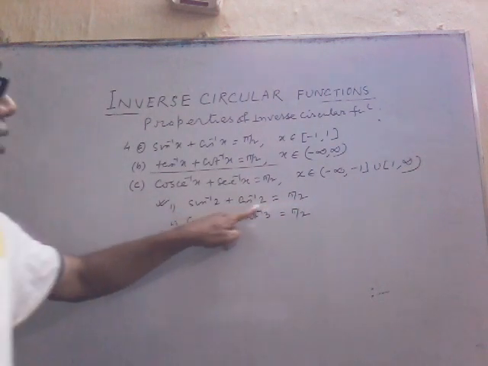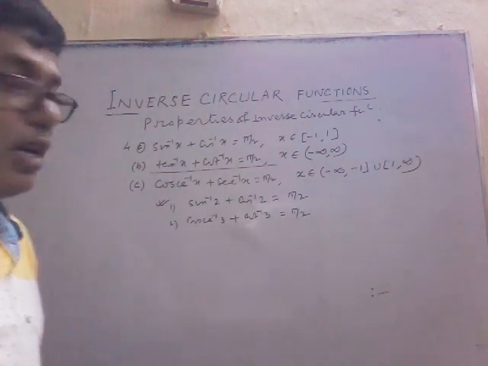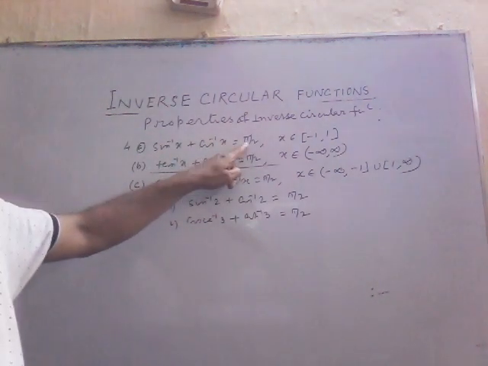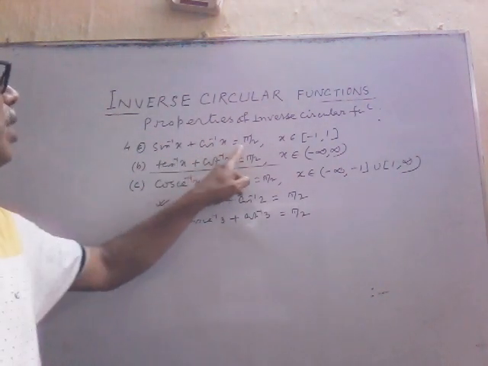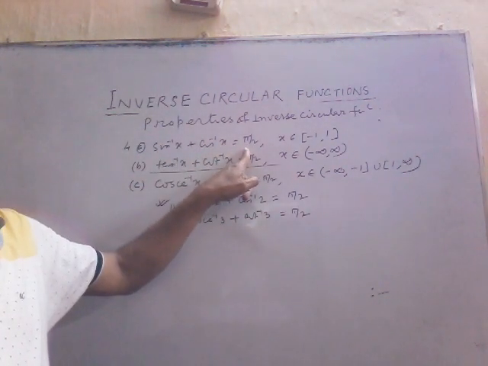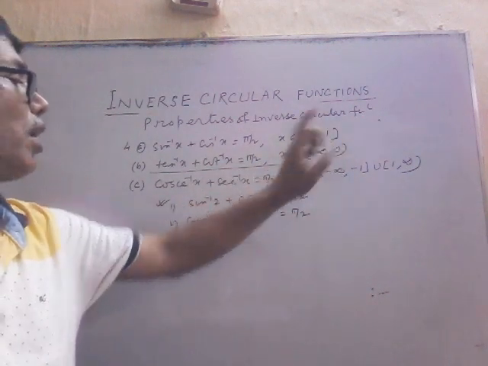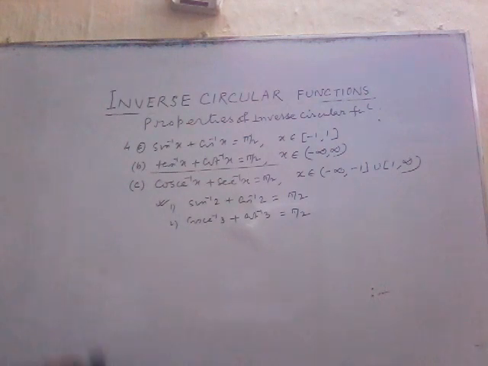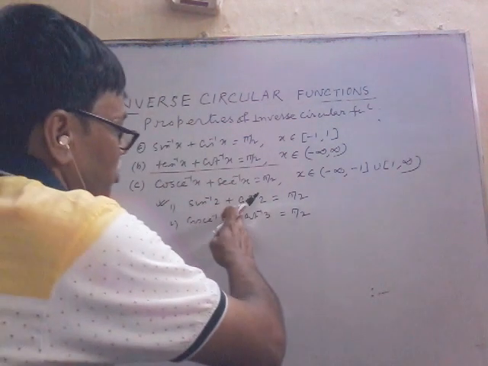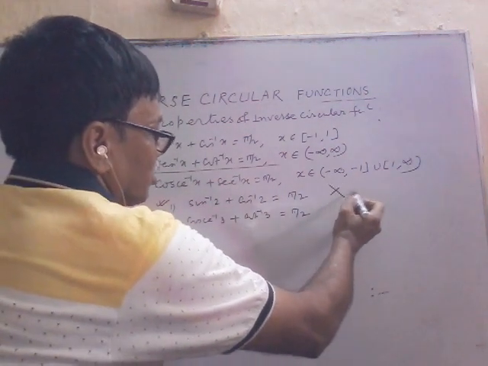You may think this is the correct result, but look at the restrictions. Sine inverse x plus cos inverse x equals pi by 2 when x belongs to minus 1 to plus 1. Here x equals 2. So this is not correct.